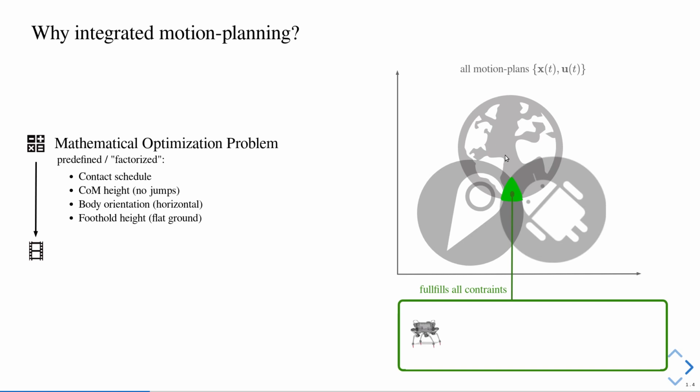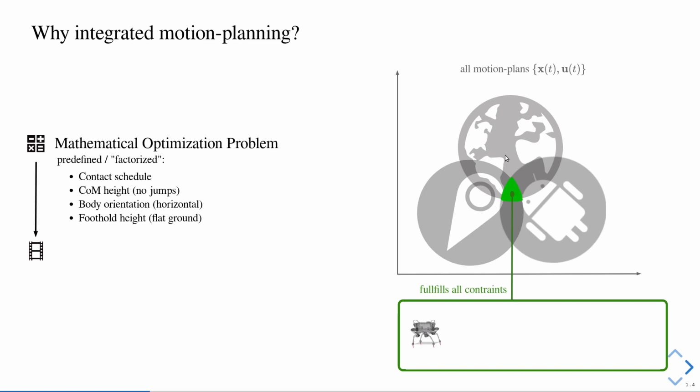The same goes when we're using the linear inverted pendulum. What we fix in advance is the center of mass height and the body orientation, for instance, because these are all assumptions that you have to make beforehand to use this inverted pendulum. Now, this makes sense because it reduces the complexity of the problem.